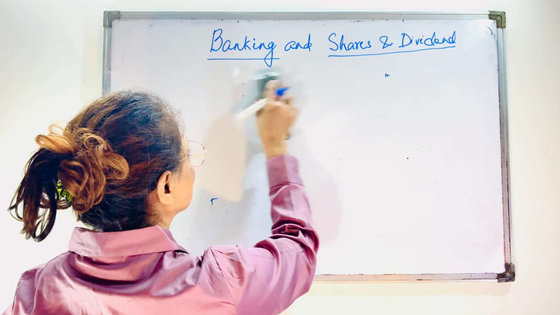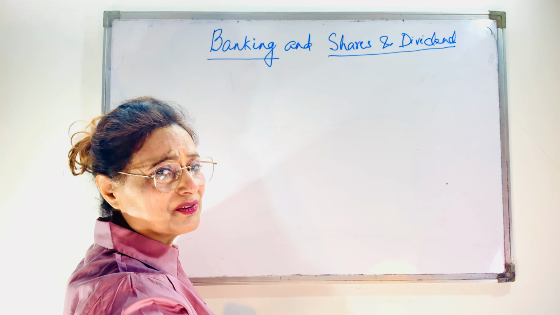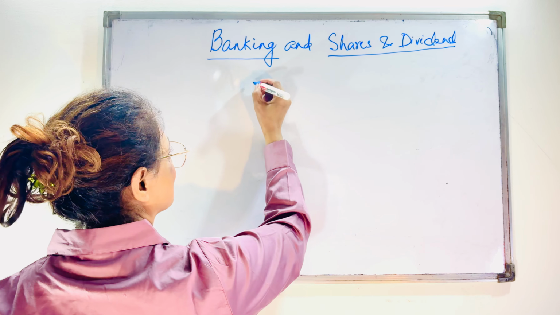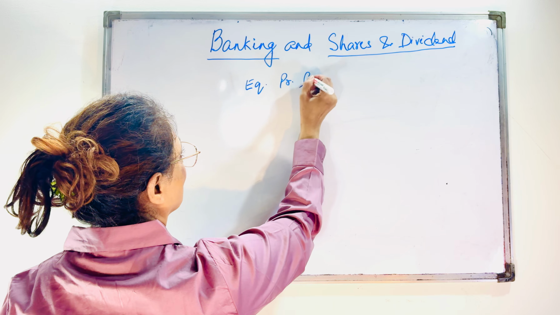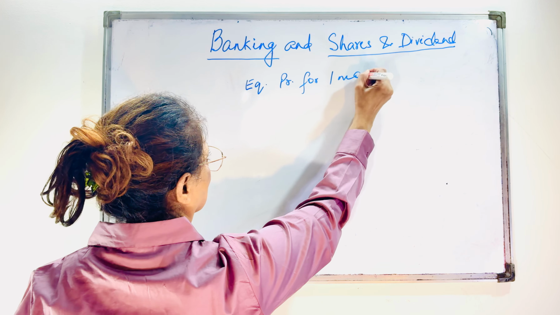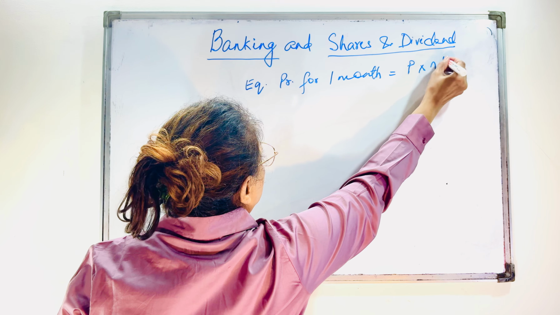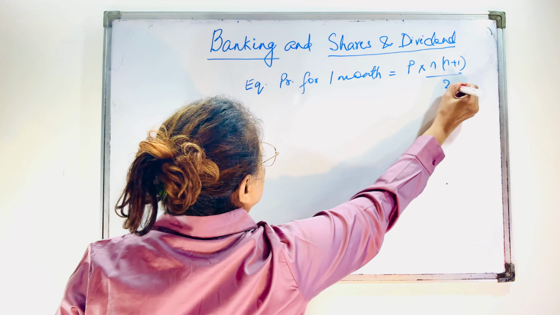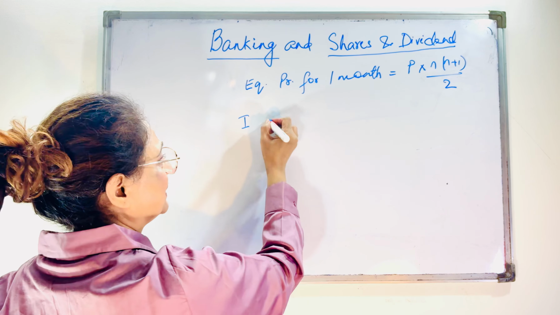Now here I am talking of formulas because we will have to use them. The first formula you learn is the equivalent principal for 1 month, which is P times n into n plus 1 by 2. Interest is simple interest, right? PTR by 100.